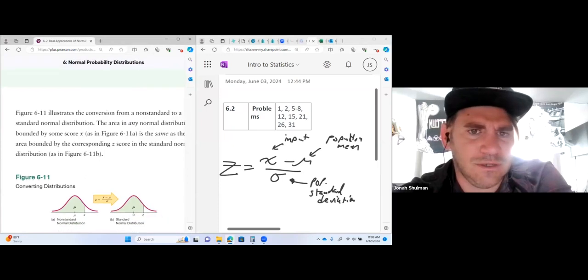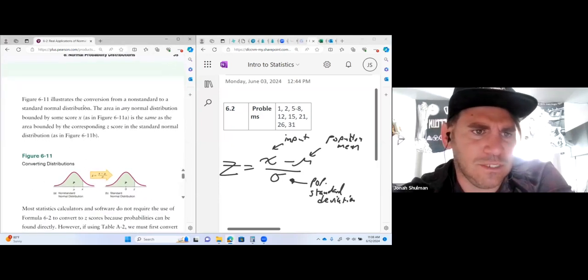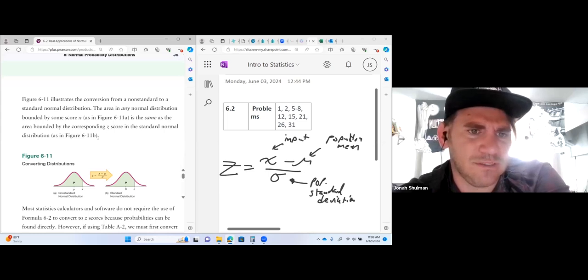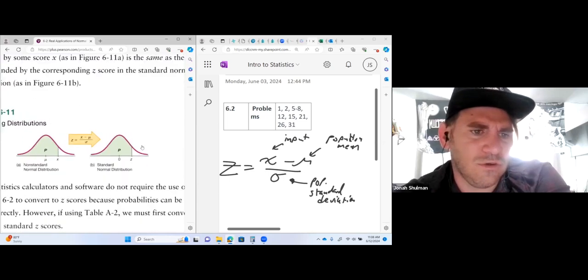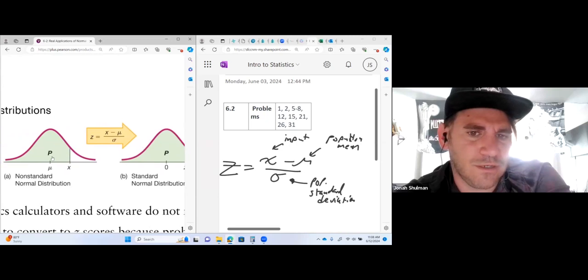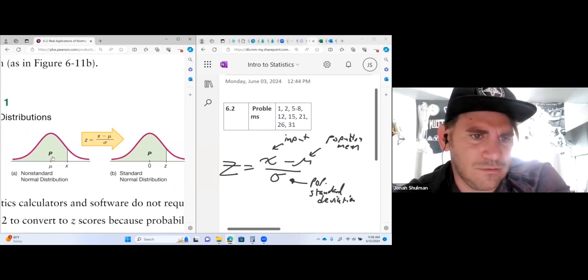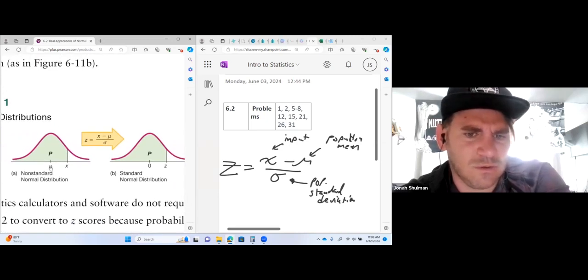So 6.11, conversion from a non-standard distribution to a standard one. The area in any normal distribution bounded by some score x is the same as the area bounded by the standard one. Cool. So before, this is what we have.